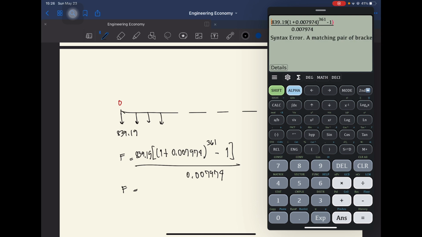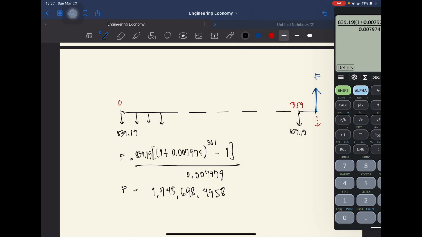Sorry, may kulang akong bracket. Teka. Oo nga. Yan, okay. Yan, 1,745,698.4958.